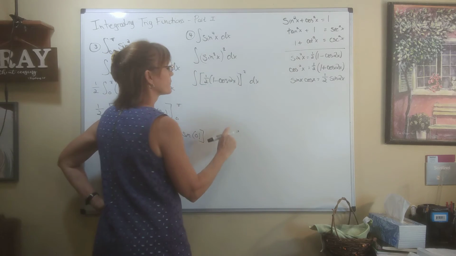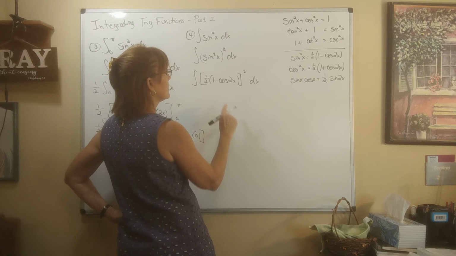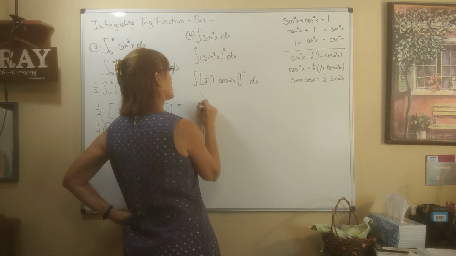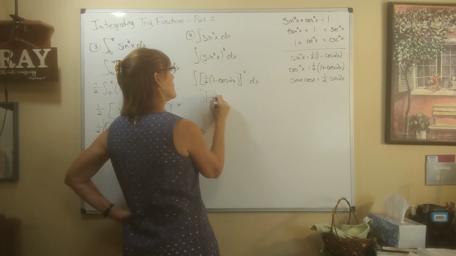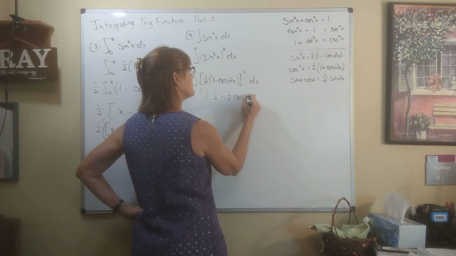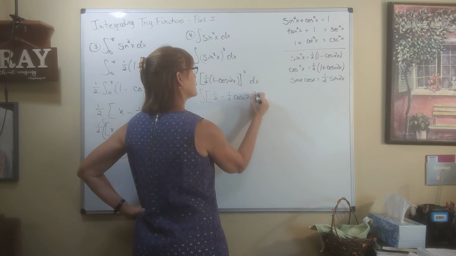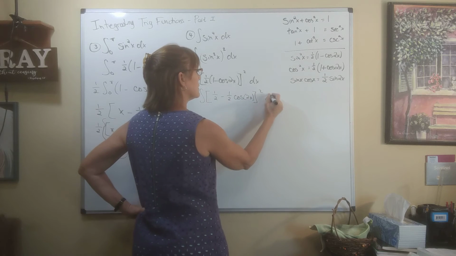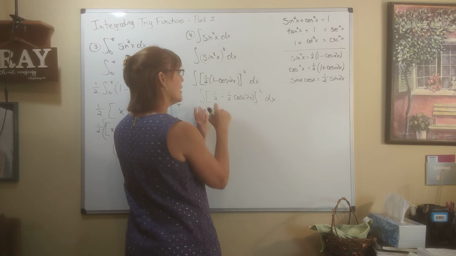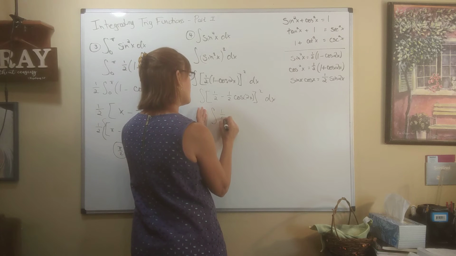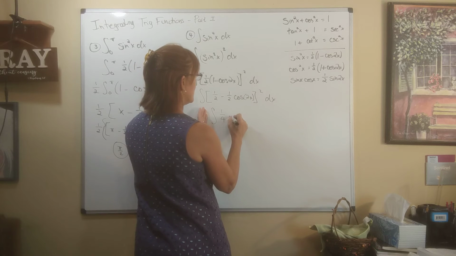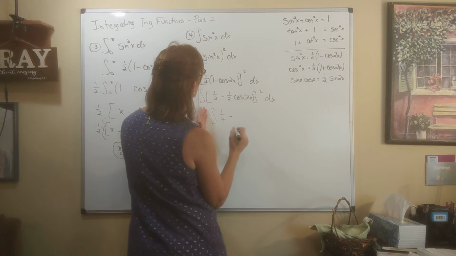All right, so let's go ahead and deal with this. I'm going to distribute the 1/2: 1/2 minus 1/2 the cosine of 2x, squared. Now I'm going to square this. Should I leave the 1/2 out there?